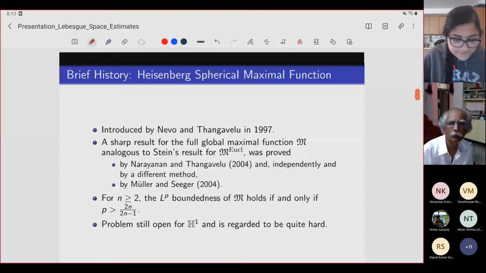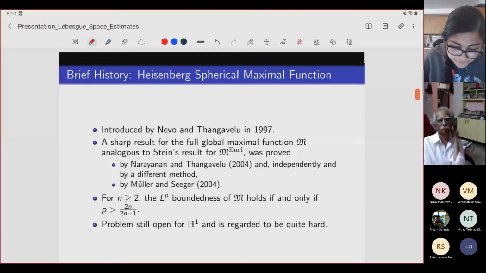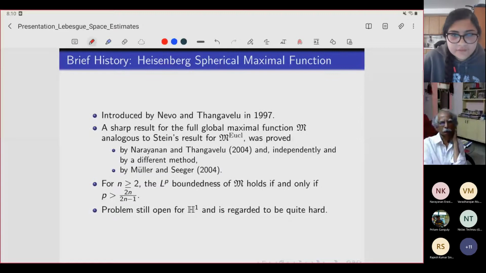Right, okay. So this object was introduced by Nevo and Thangavelu in 1997. And then the global maximal function was considered first, and a sharp result for L^p bounds for the global maximal function, analogous to Stein's result, was proven in 2004.